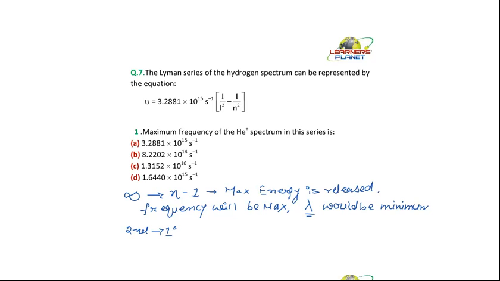Now when the electron moves from, say, the second energy level to the first energy level, what happens? There is very little difference in energies between these two levels.